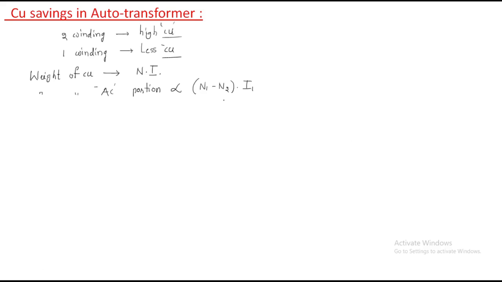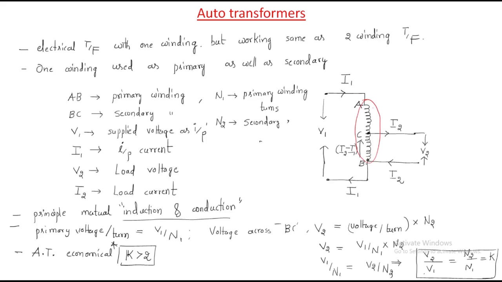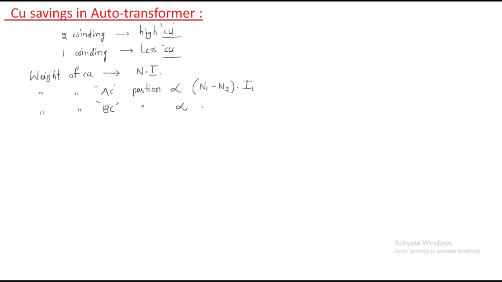The current is I1 simply. Same as for the BC portion, the weight of the copper for the BC portion is like this. For the BC portion the number of turns is N2 here, and the current is I1 minus I2.